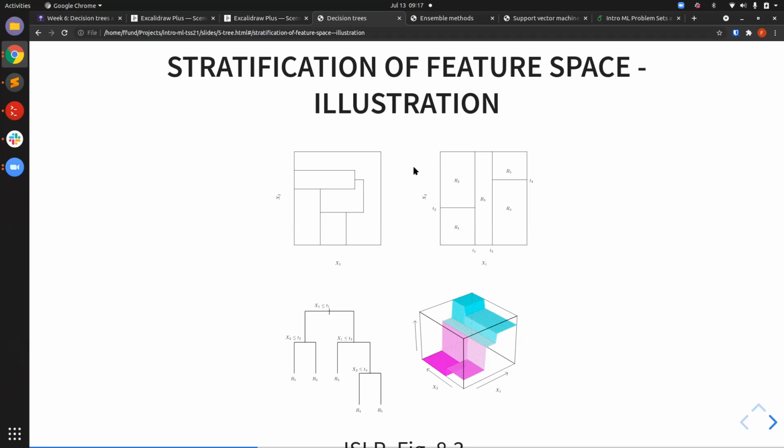The region in the image on the top left is a type of stratification that could not be produced by a decision tree, because you're not doing sequential splitting on one feature at a time. So you can't produce any possible stratification using a decision tree. But if you keep branching as many times as you want, you can ultimately produce a very complicated decision region or a very complicated regression surface.